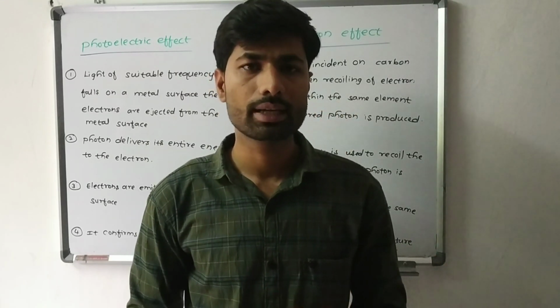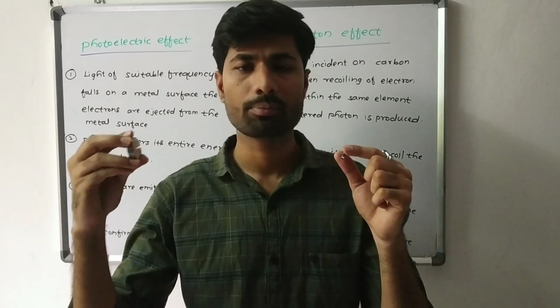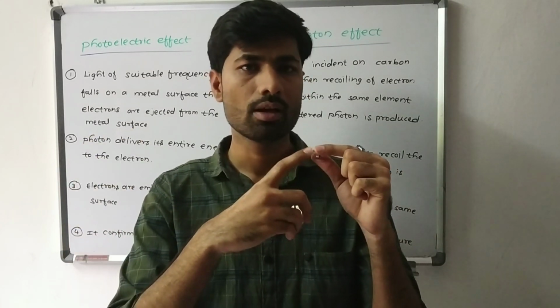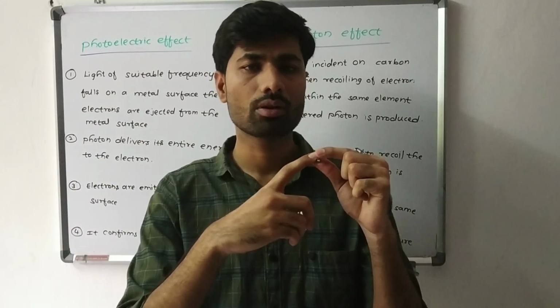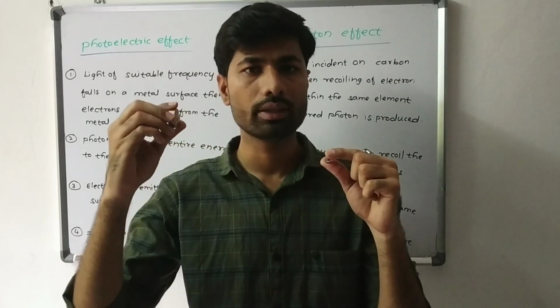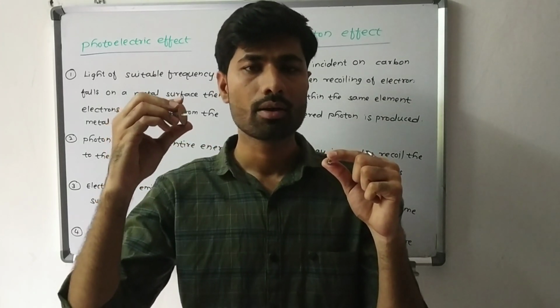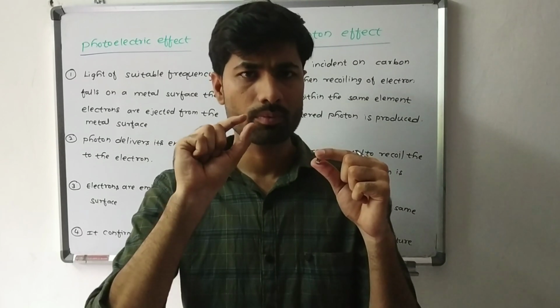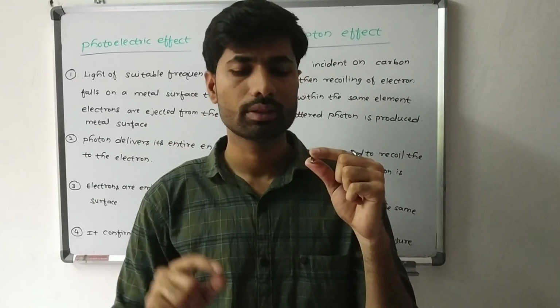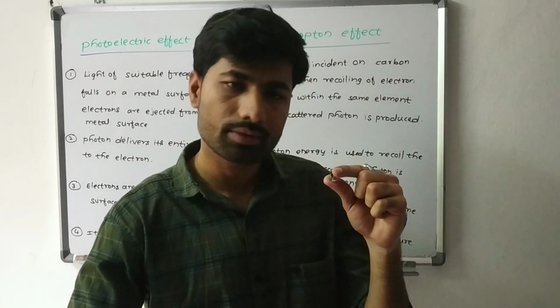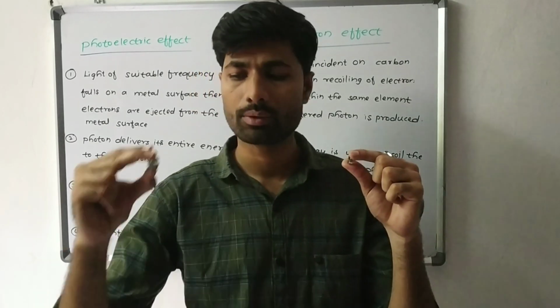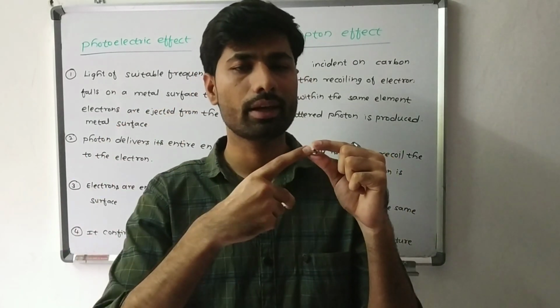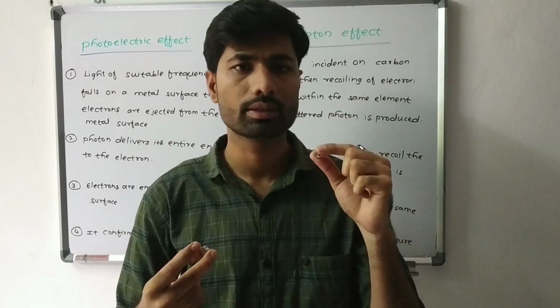So here what exactly happens in case of Compton effect, the particle comes and hits the electron, then the electron is not going to absorb all the energy that is provided by this photon because it needs some minimum amount of energy. That minimum amount of energy, as we have already seen, if we provide this much energy, then the electron may be ejected from the metal surface.